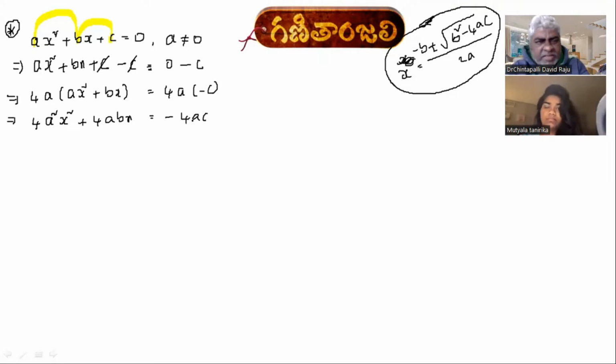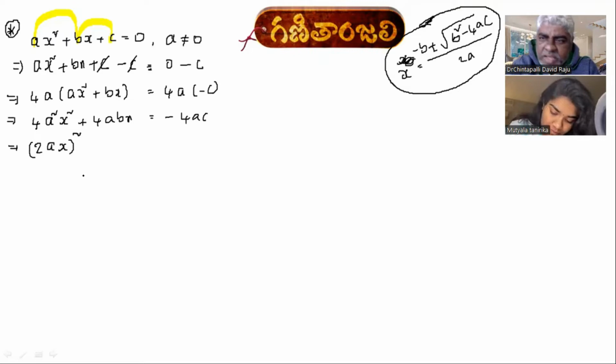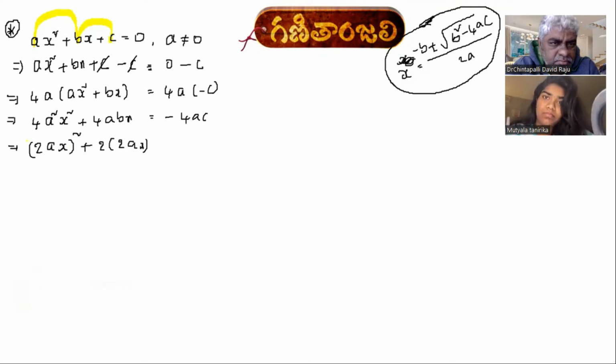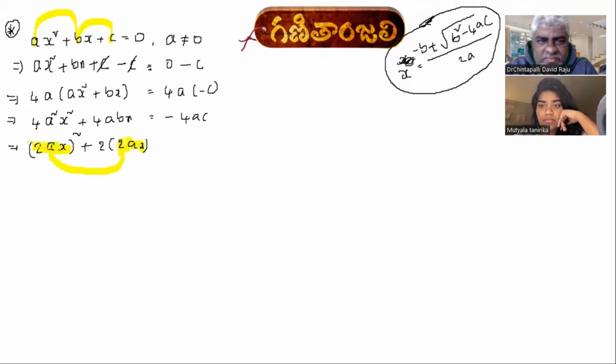Clear? Yes. Now, I want to write 4 as 2 square. Agree? Yes, sir. 4 is 2 square. So 4a square x square is nothing but 2ax whole square. Now, this 4abx can be expressed as 2 times 2ax.